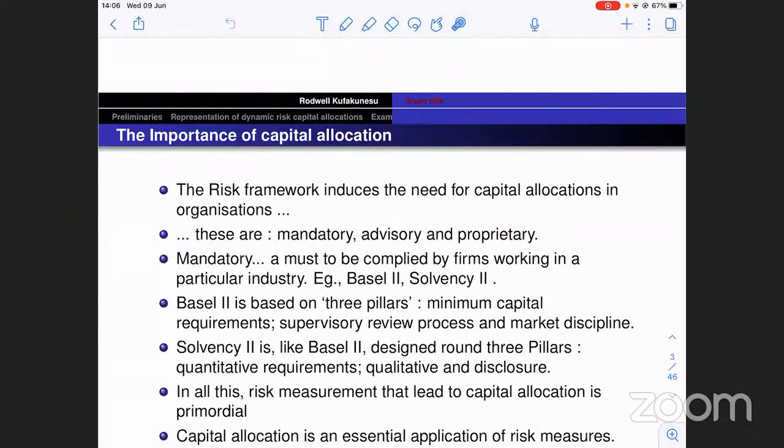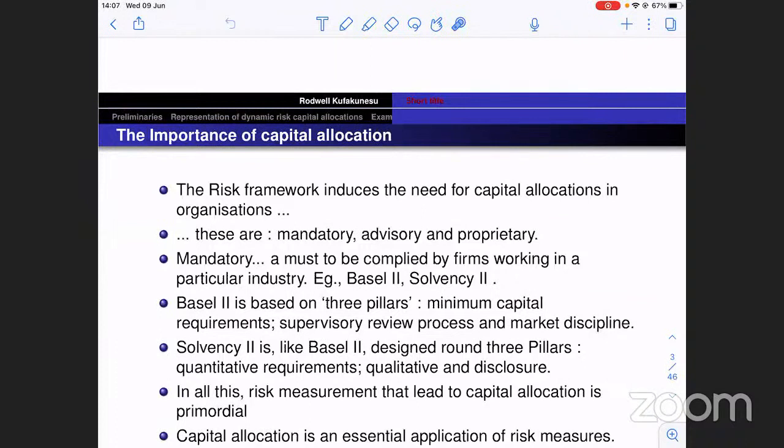Though the topic is quite long, of importance is the capital allocation. Capital allocation is very important in the enterprise risk management of organizations such as financial institutions and also insurance organizations. So the risk framework induces the need for capital allocations in various sectors.